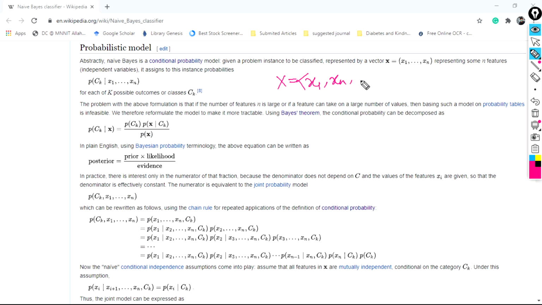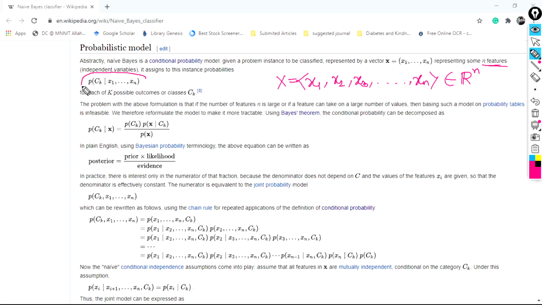Let's take our data point as x1, x2, x3, up to xn, lying in n-dimensional space because we have n features. And we are interested in finding this probability.